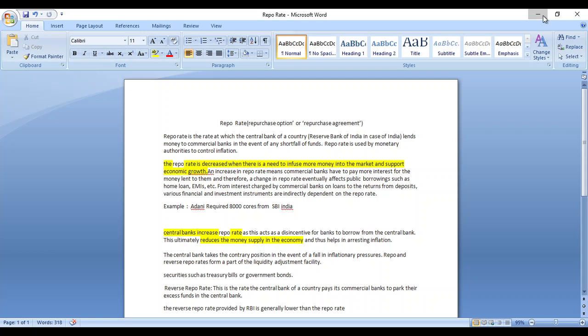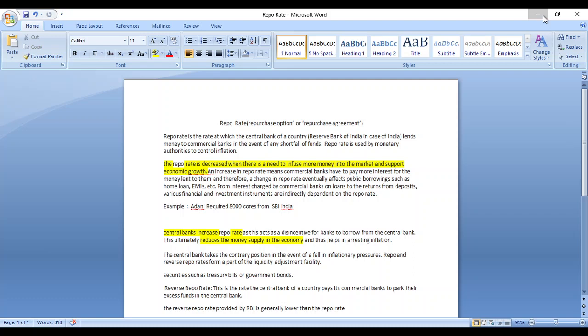Suppose the country goes into inflation. At that time, what will happen? The RBI should increase the repo rate. If the repo rate is increased, what happens? Banks never approach the RBI to borrow, and whatever money they have in hand, they put as savings with the RBI, because the RBI gives a high interest rate.